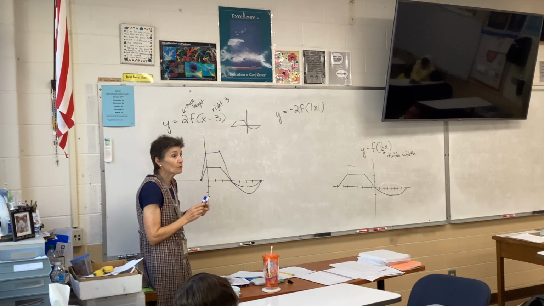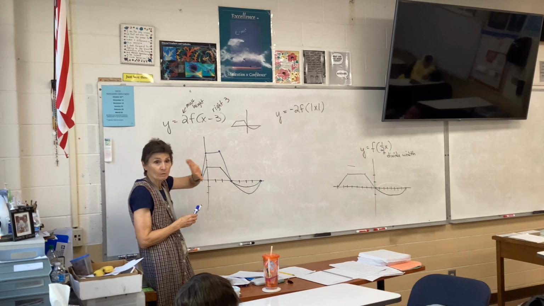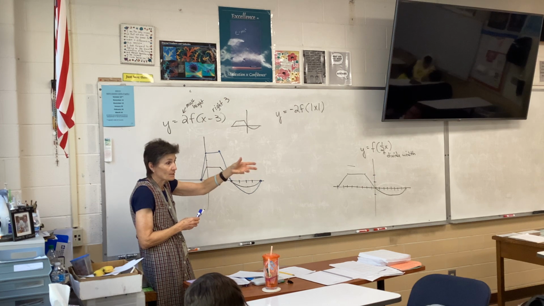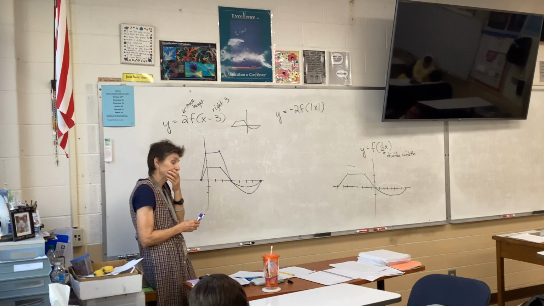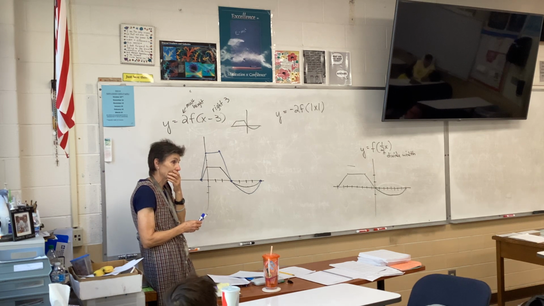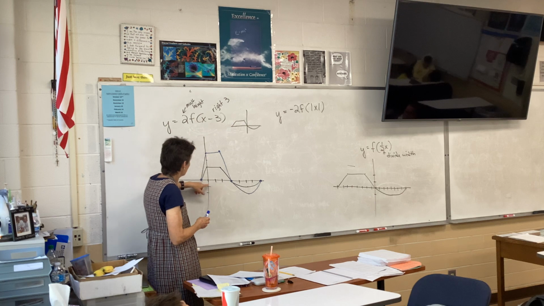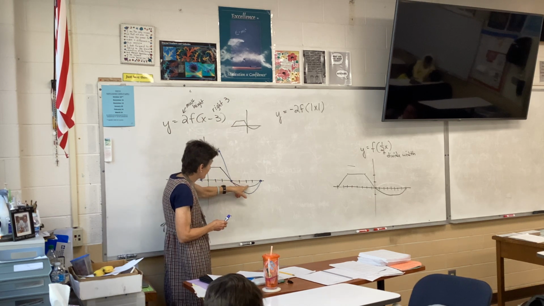So the blue thing is the answer to the question. Moved everything right 3, and then made it twice as tall as it was originally. This does not mean add 2, this means times 2. So the height, 2 times 2 is 4, 2 times 1 is 2.